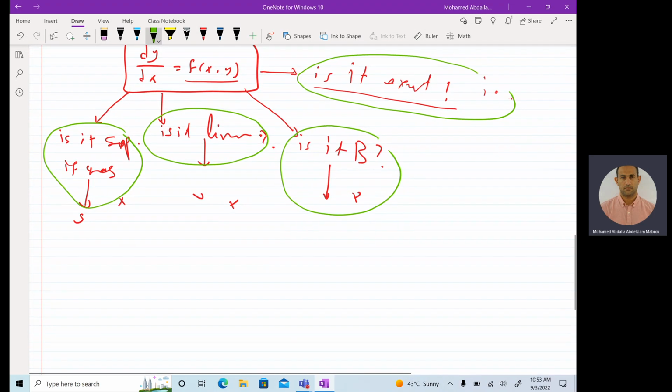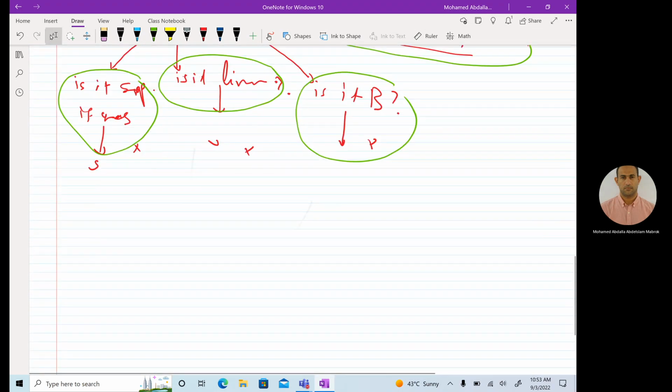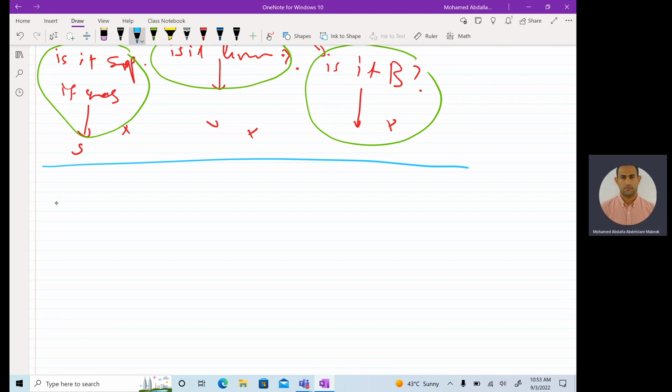Some differential equations are written again in this form, a function of x and y dx plus a function of x and y dy equals 0. When you compute partial M by partial y, it does not equal partial N by partial x.